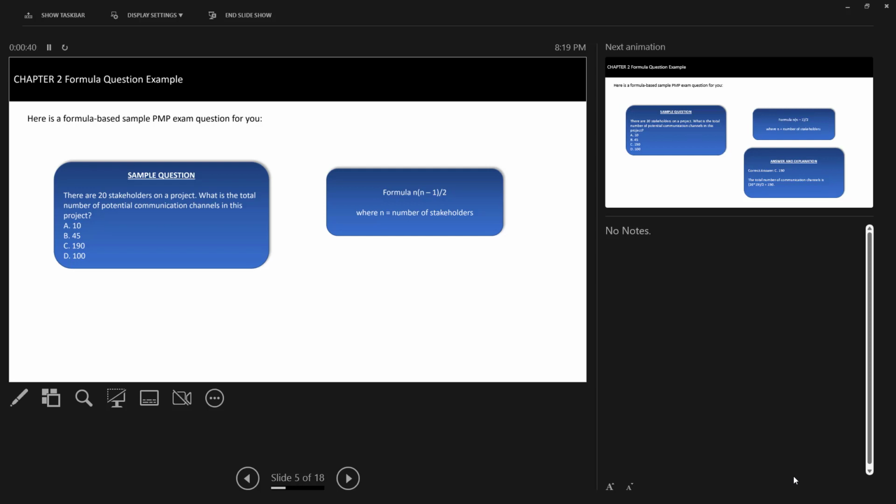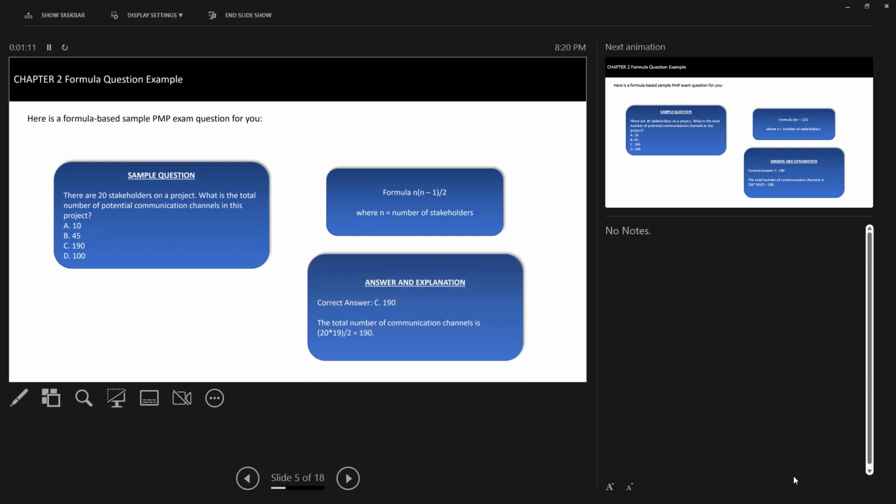If you use this formula, with 20 stakeholders, it's just a formula-based sample question, just to prep your minds. 190? Yes, 190. Your answer is correct. It is 190.